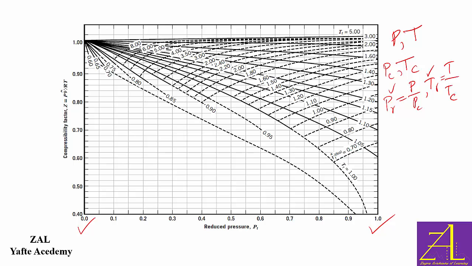So with the value of PR, I am going to go up here until I get, for example, the value of TR of 1.5, and I can locate a point there, and horizontally I go and read the related value of Z from the chart.